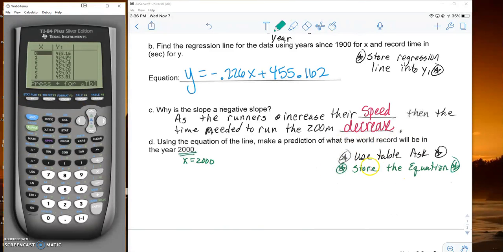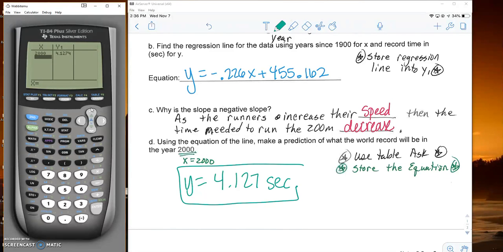So I've already stored the equation. I'm going to turn on Table Set. Remember, we turn our independent to Ask. I'm going to go back to the table and type in the year 2000. And my Y is 4.127 seconds because Y is referring to seconds.